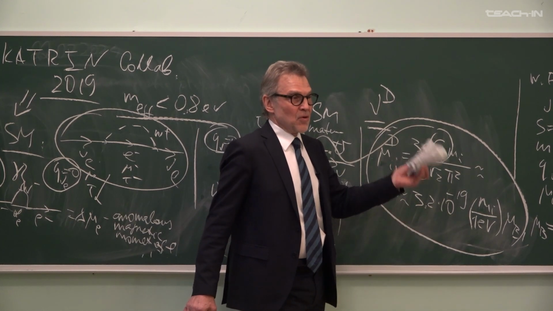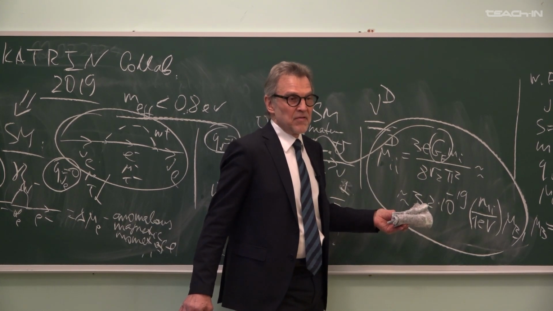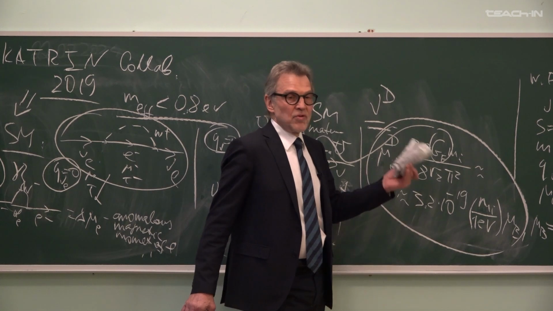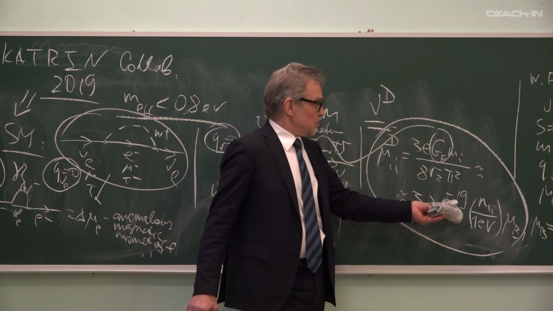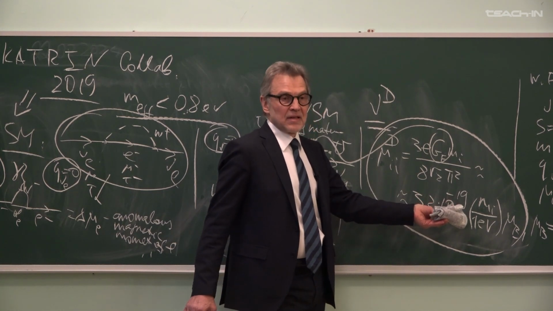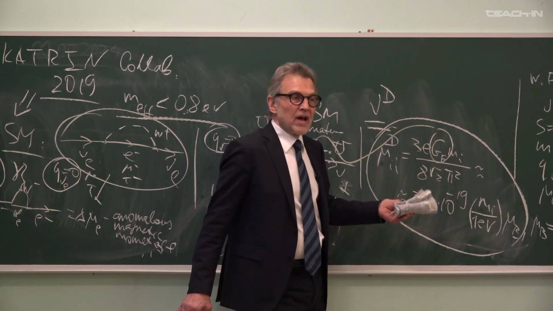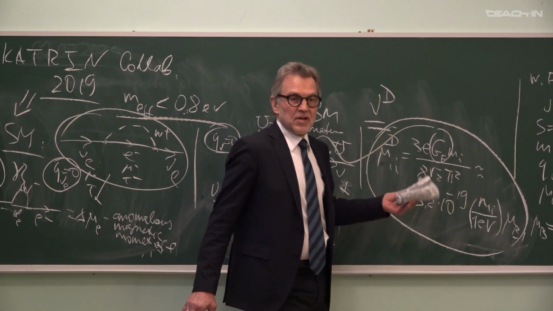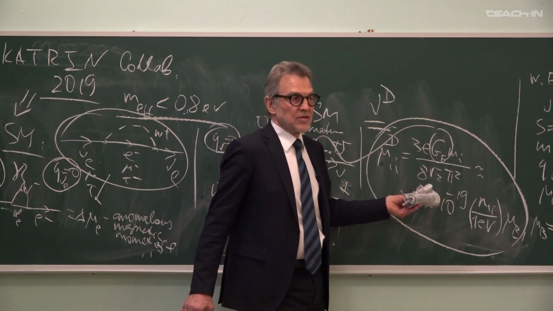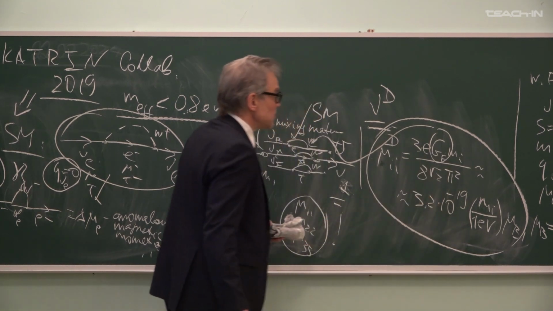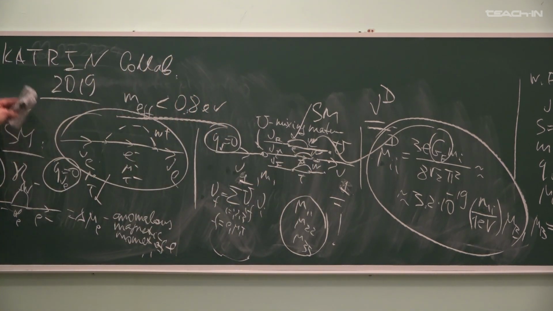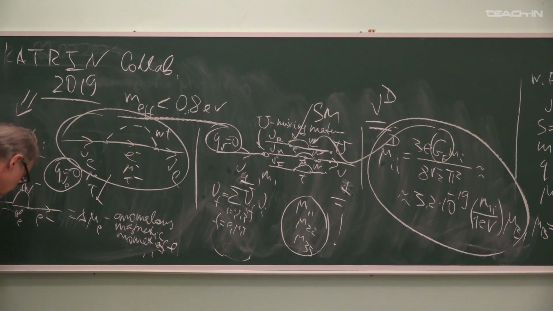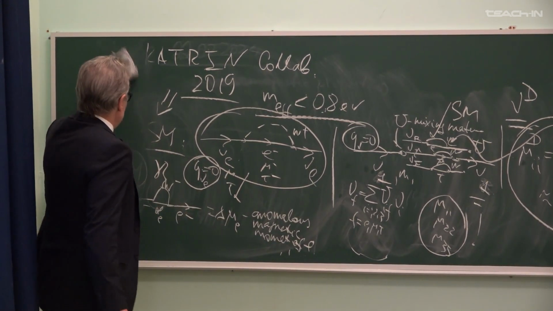Also, in some models of grand unified theories, where there are new interactions, it is possible to get not 10 to minus 19, but 10 to minus 12, 13, 14, so many orders of magnitude larger than the prediction of what we call the easiest generalization of the standard model.